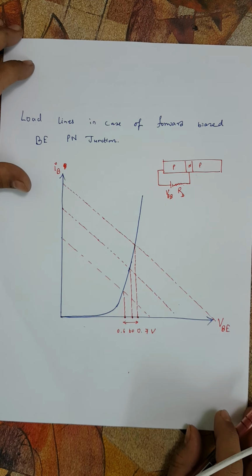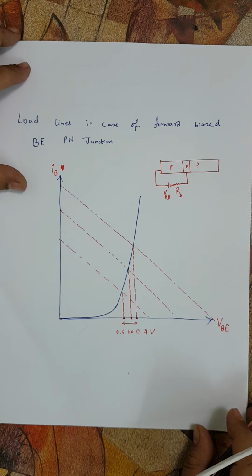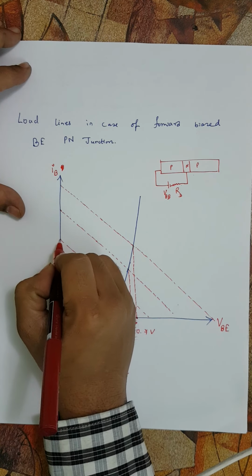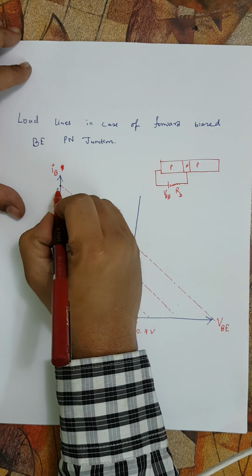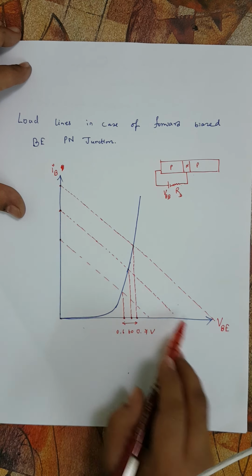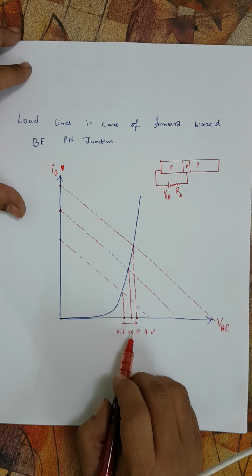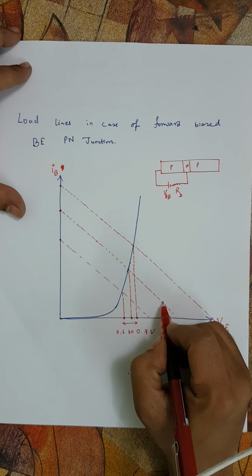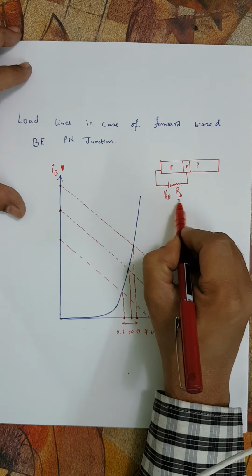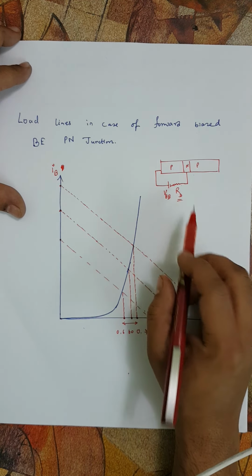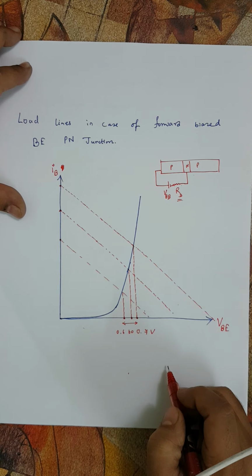So how about different load lines? Let's say we want to get higher and higher values of IB, the current. Then what should we do? We need to shift this load line, isn't it? And we are shifting the load lines parallel, because each of these load lines has the same RB value, the external resistance in the circuit, because the slope is governed by this RB only. You saw it previously also.